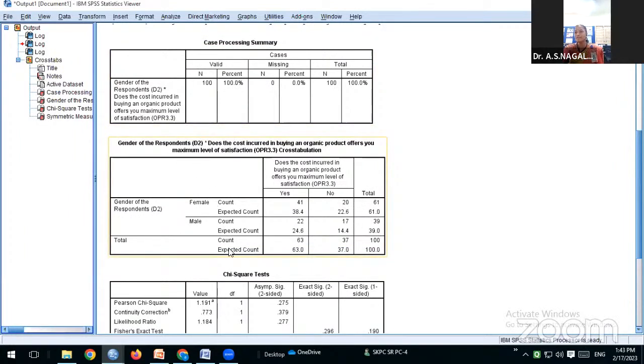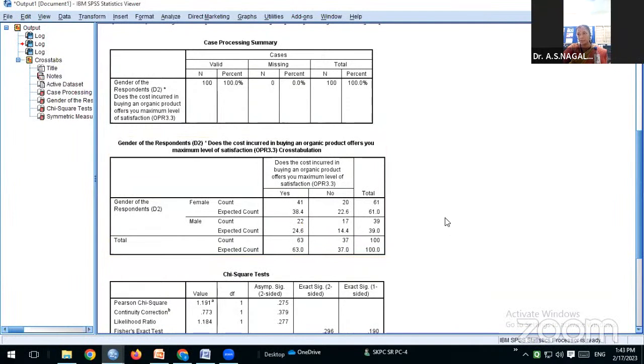Here I have found the frequencies, the expected frequency and observed frequency. The observed frequency is 41 for females who said yes, and 20 females said no. Among males, 22 said yes and 17 said no.